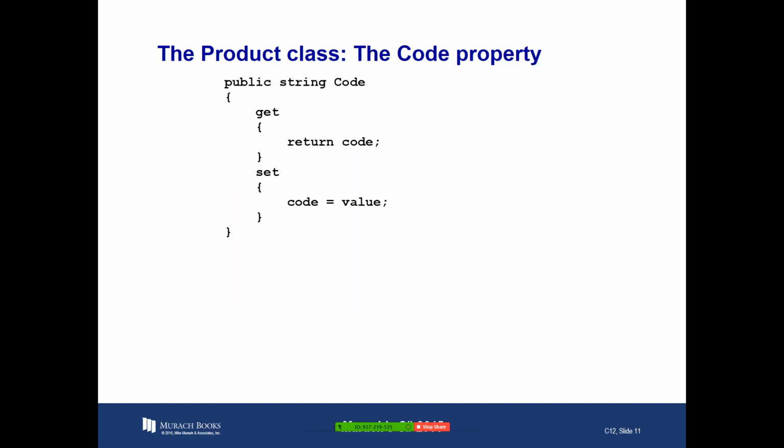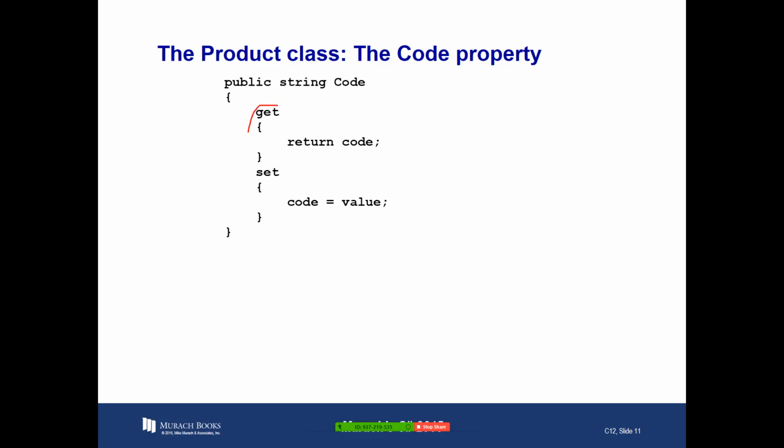And so here is the way we've defined accessing the code property. This is if you want to access what the code is of a particular product outside the product or outside the object.